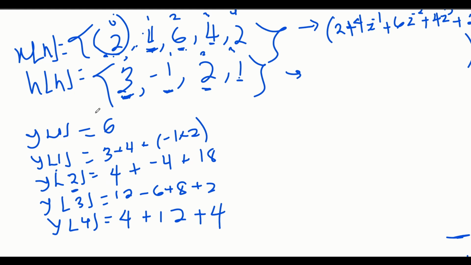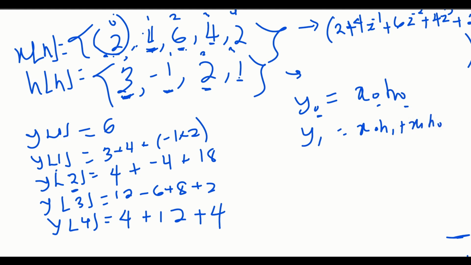Now here it is. If you want to do this without going through the whole tiresome multiplication, y of 0, the only way you can get y of 0 is when x of 0, h of 0. Make sure that the sum of these two indices equals the index you want. Now y of 1, the only way you can get y of 1 is when you have either x of 0, h of 1, or x of 1, h of 0, right?